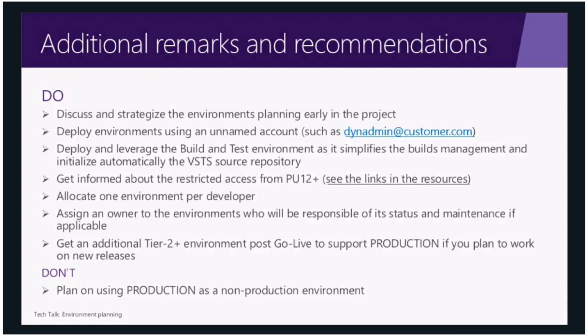There is an issue in production that requires you to do a database refresh to investigate. The database refresh is going to corrupt basically your UAT, and you will have to stop that. By having two tier 2 environments, you will be able to, on one hand, continue working on your release, on the other, support production.